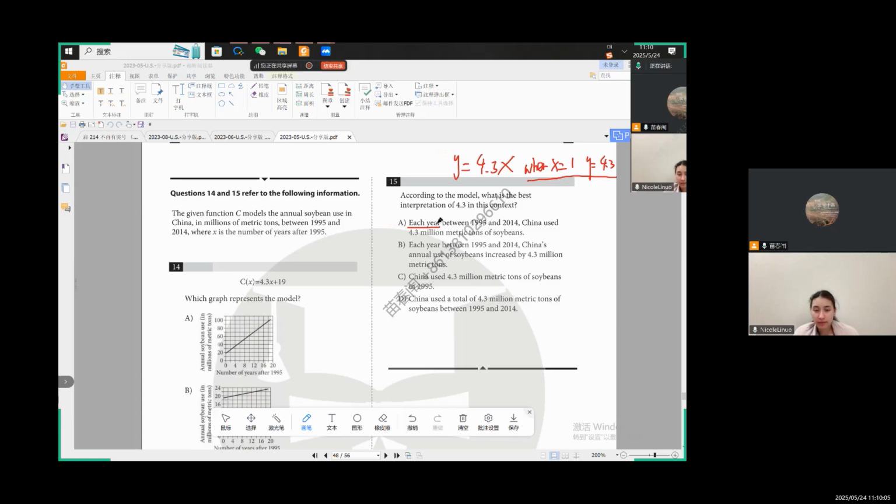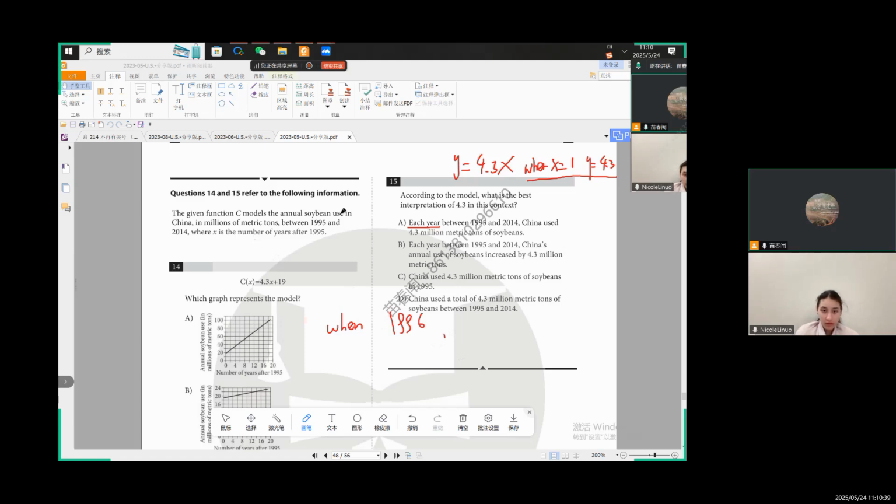If you want to express what you said, it's this. It's when x equals 1, which means between 1995 to 1996, the annual soybean use is 4.3 plus 19.